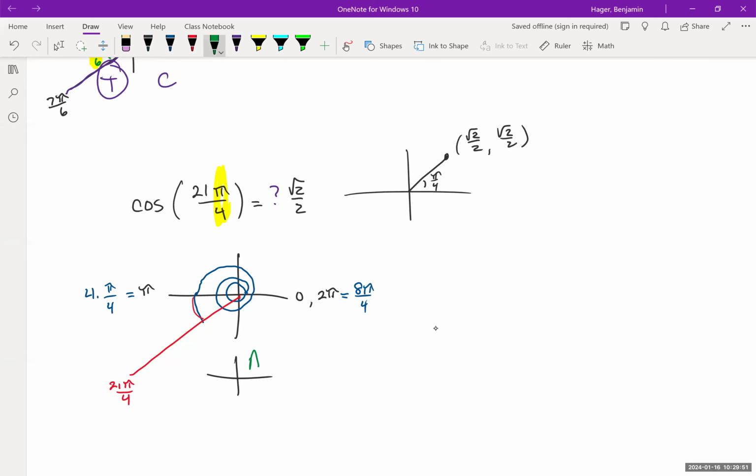And because we remember all students take calculus, and we landed in quadrant 3, then only tangent should be positive there. The cosine needs to be negative. All right, so final answer, cosine of 21 pi over 4 is a negative √2/2.